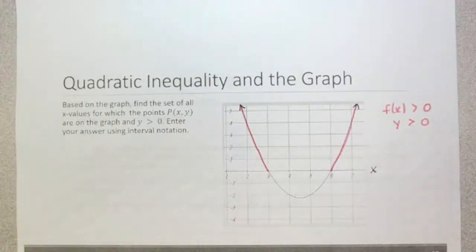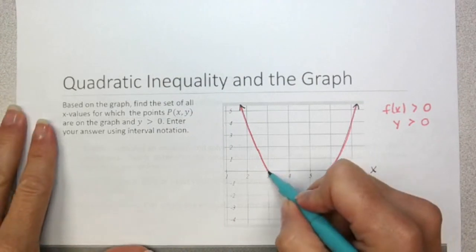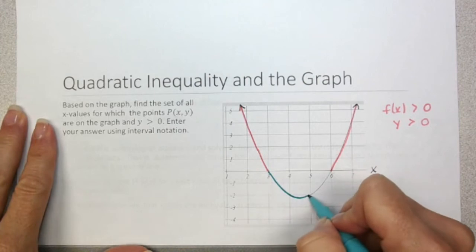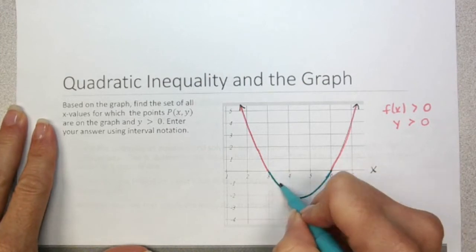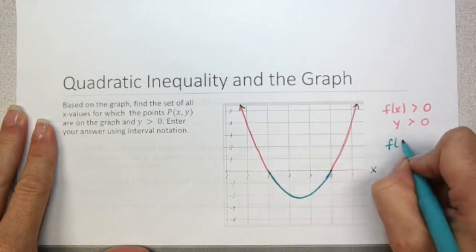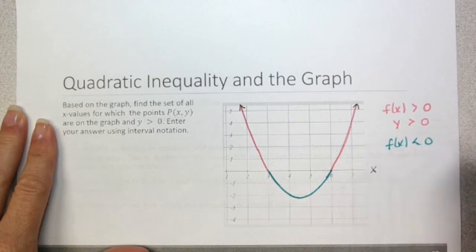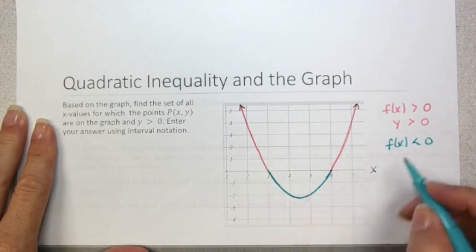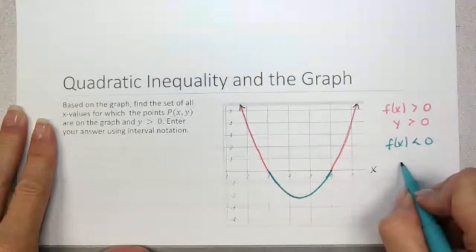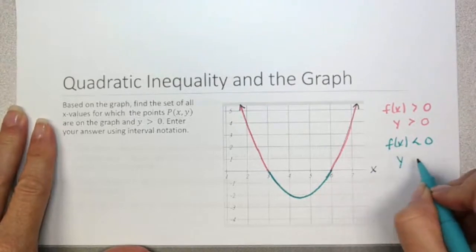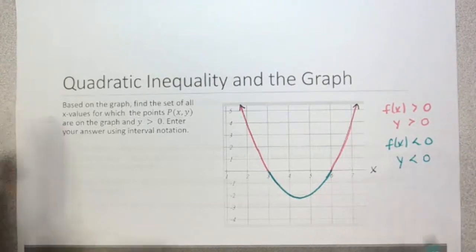Conversely, if we were interested in everywhere that that function was negative, we would be interested in the blue portion of the graph down here, right? We would say that's where f of x is less than 0, or where all the y coordinates of any points on that graph are less than 0.